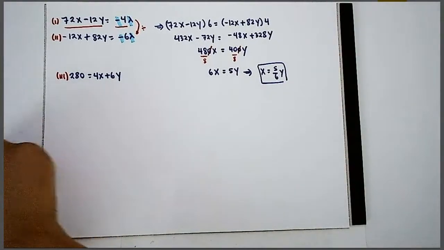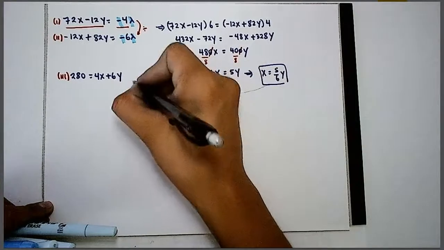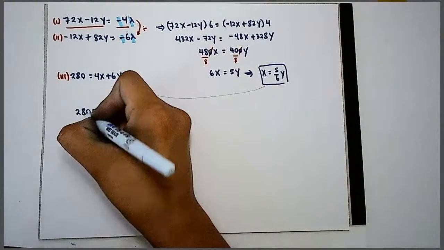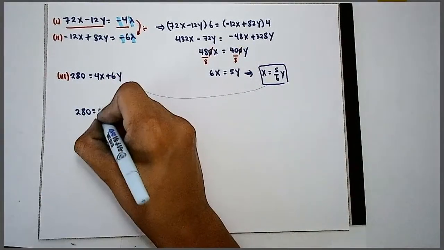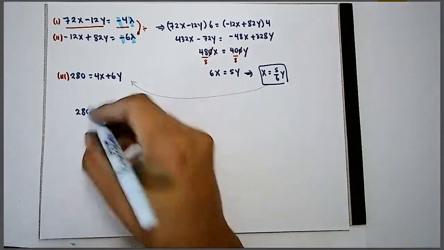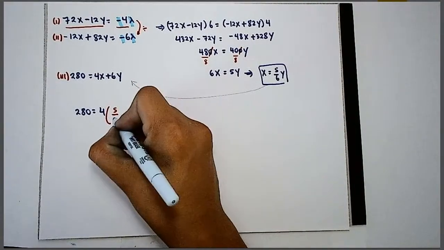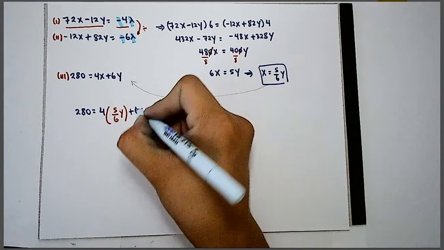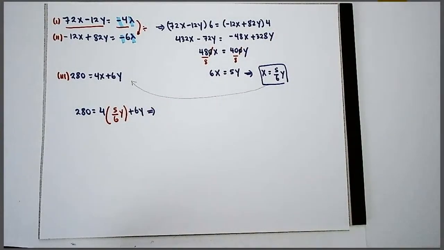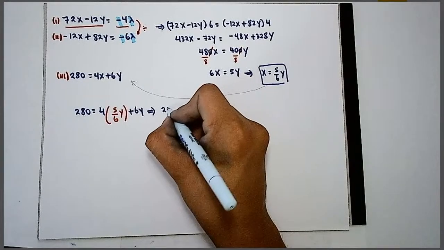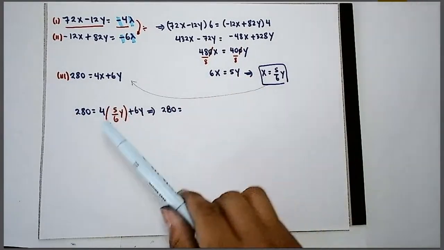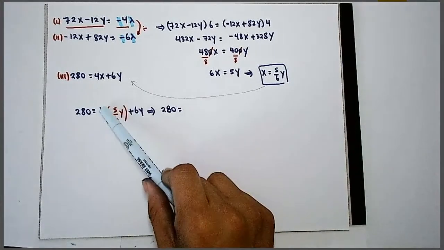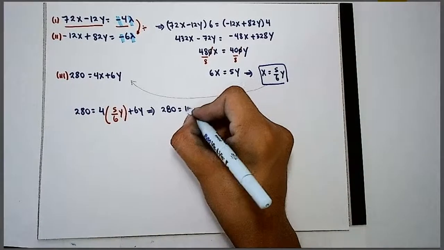And then we will use that relationship here. So 280 is equal to 4 times, instead of x, we replace it with 5/6 y, plus 6y. So this is 280 equals, this is 20 divided by 6 or 10 divided by 3.